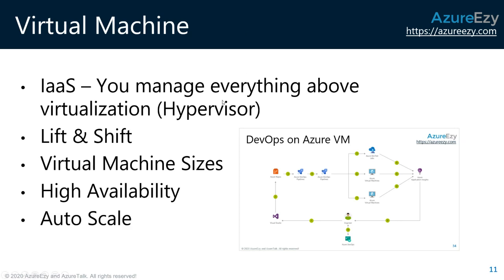Right. So yes, and along with that, you have the auto scale feature. If you want to implement auto scale in addition to high availability, there are different use cases of high availability as discussed by Vipin.